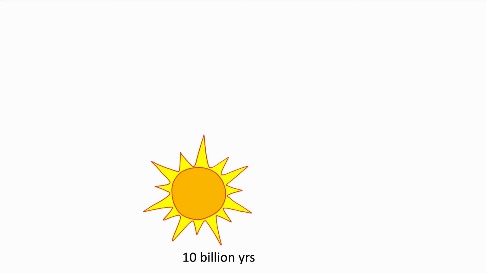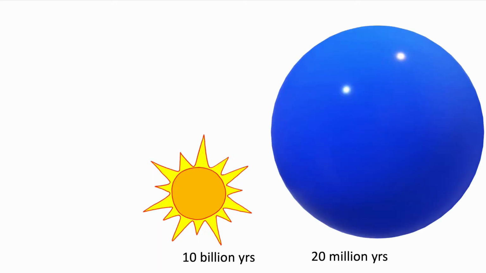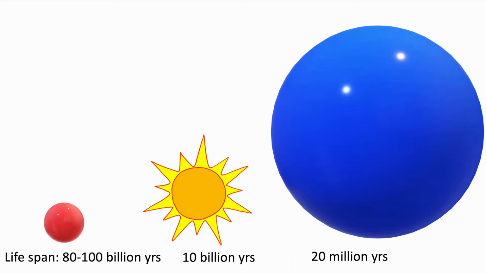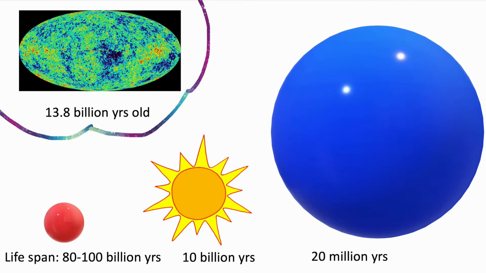While the Sun will spend about 10 billion years on the main sequence, a star 10 times as massive will stick around for only 20 million years. A red dwarf, which is half as massive as the Sun, can last 80 to 100 billion years, which is far longer than the universe's age of 13.8 billion years.